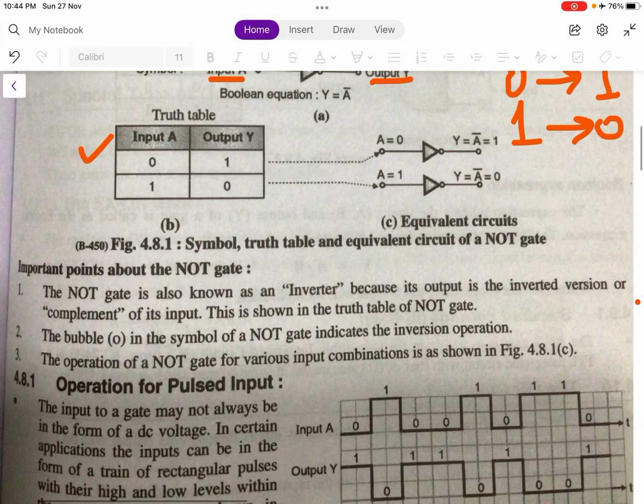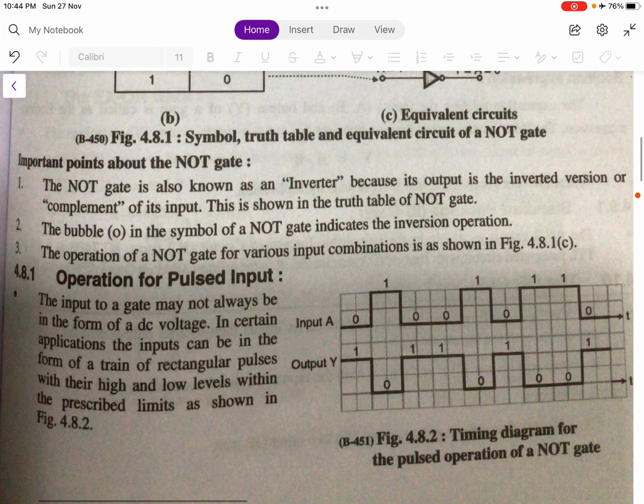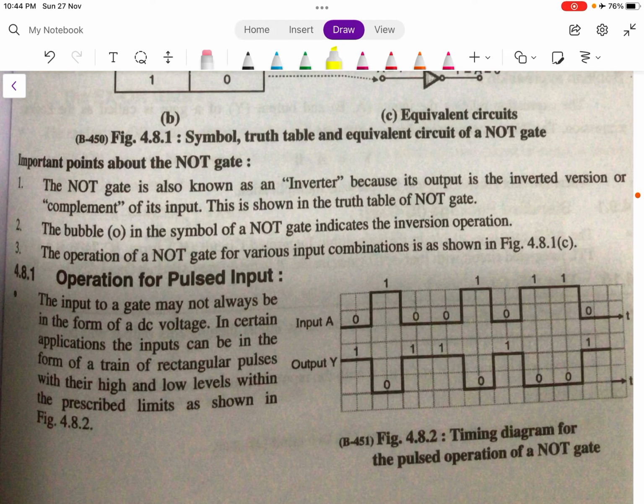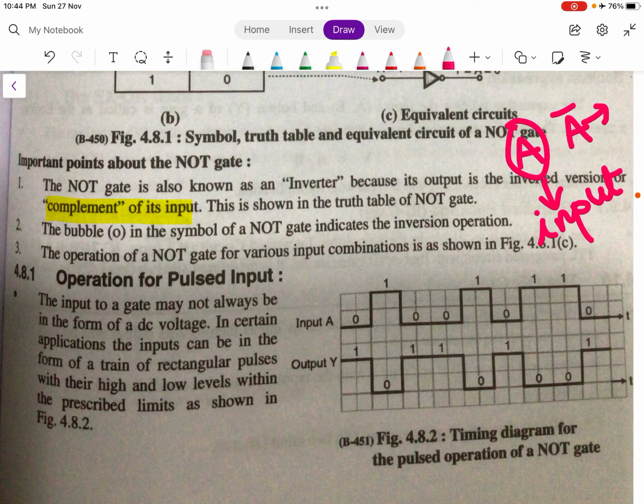Important points about the NOT gate. The NOT gate is also called an inverter because its output is the inverted version or the complement of its input. So if A is the input, then A bar is the output.